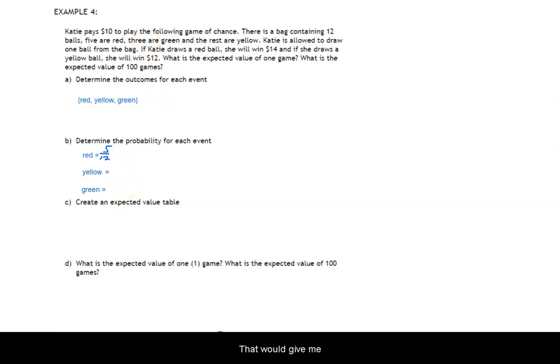So that would give me 3 out of 12. So then to get the yellow, we would take our total of 12 and subtract the other 2. The red, which was 5, and the green, which was 3. So that would give us 4. So the yellow would be 4 out of 12.